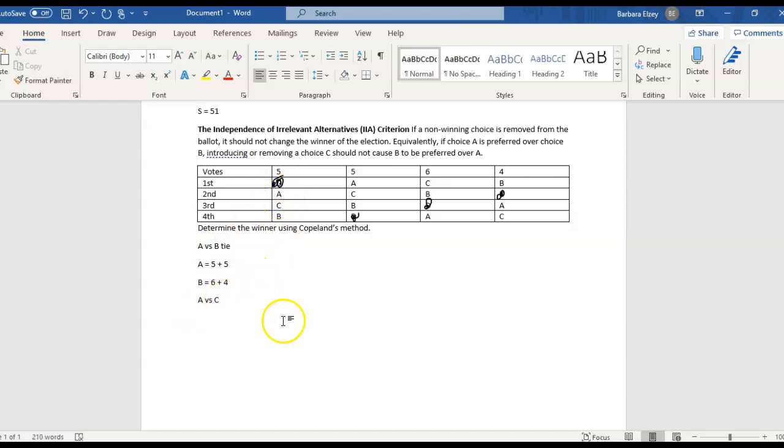A gets the first 5. A gets the second 5. C gets 6 here. And A gets these last 4. So A wins.